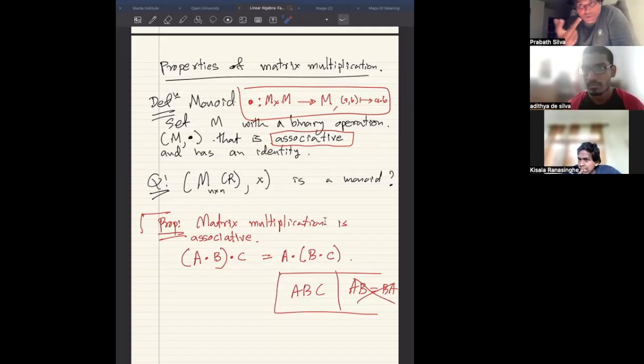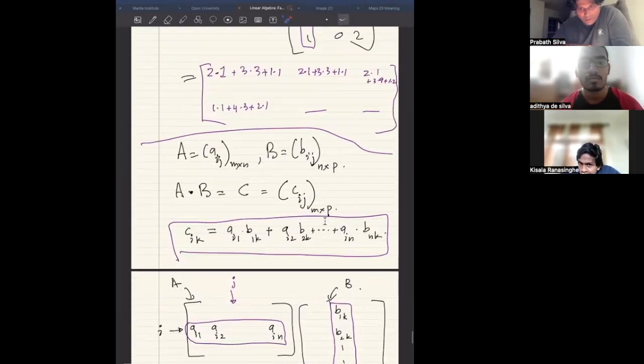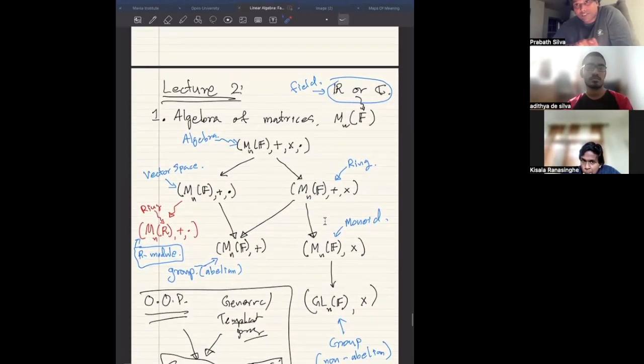Those are the things that we know from A levels, high school. And we use those things to motivate these different algebraic structures.